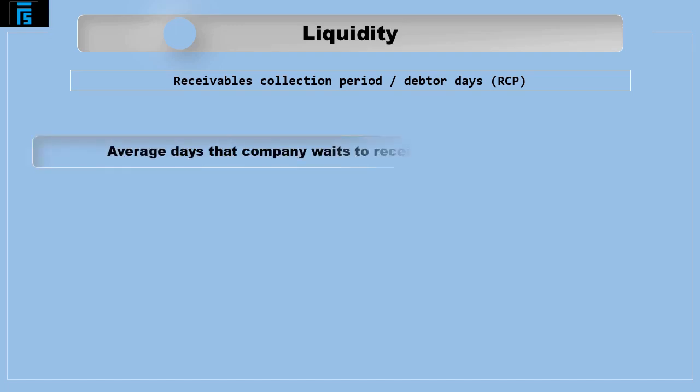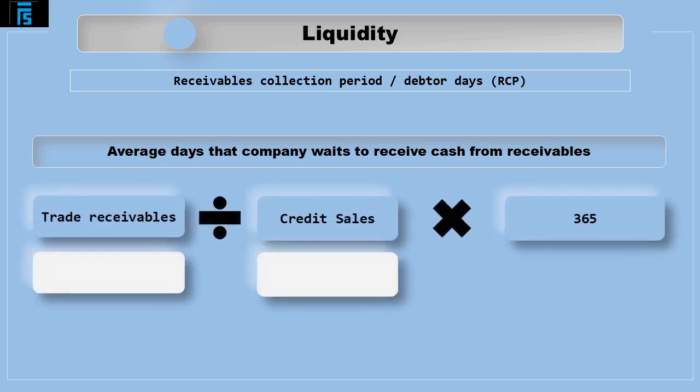It shows the average number of days which the company needs to wait to receive cash from its trade receivables, and is calculated by taking trade receivables from the balance sheet, dividing them by the revenue achieved from sales on credit terms, and multiplying the result by 365 days.